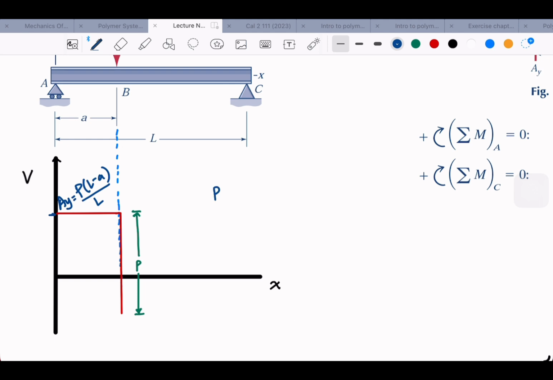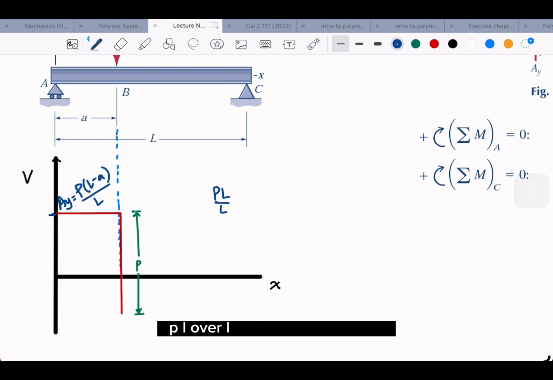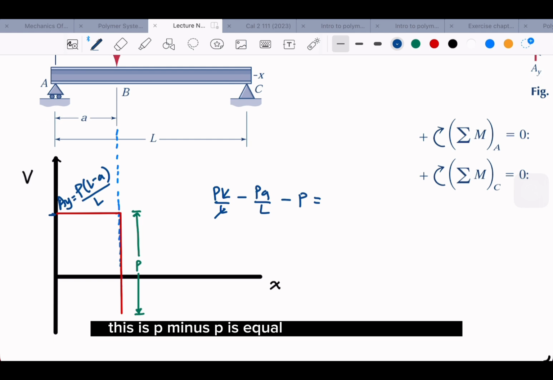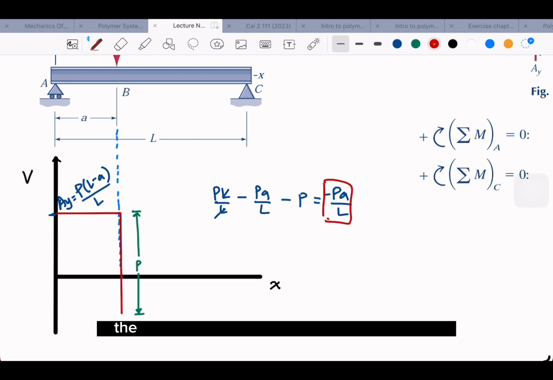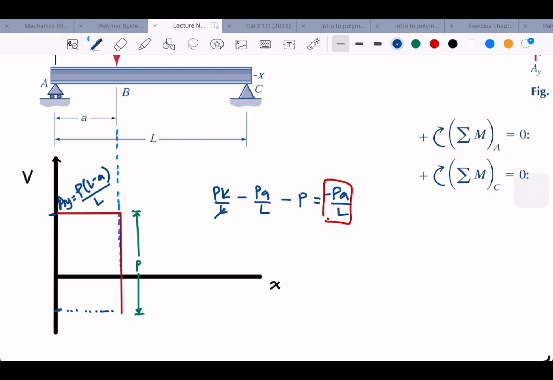So P, PL over L minus PA over L, right? This is P. Minus P is equal to negative PA over L, right? So this one is the one that is going to be here. So this is negative PA over L, okay?